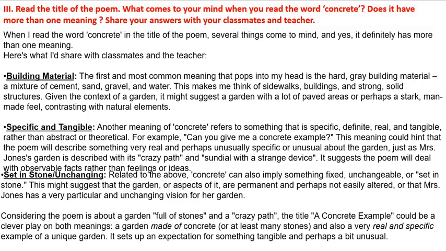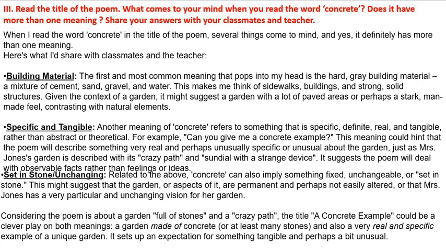Specific and tangible. Another meaning of concrete refers to something that is specific, definite, real and tangible, rather than abstract or theoretical. For example, can you give me a concrete example?